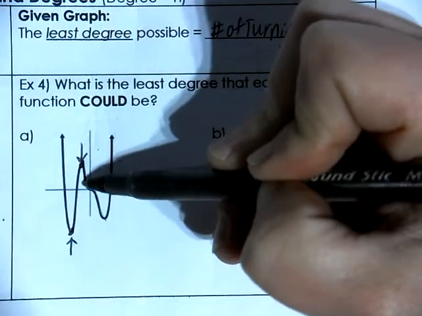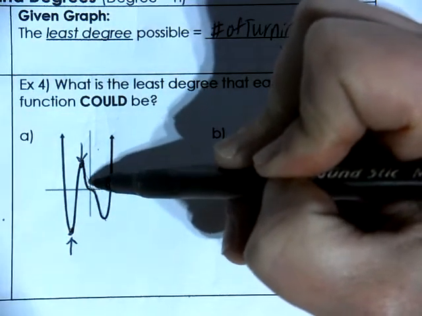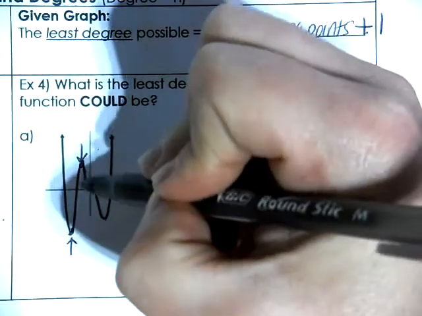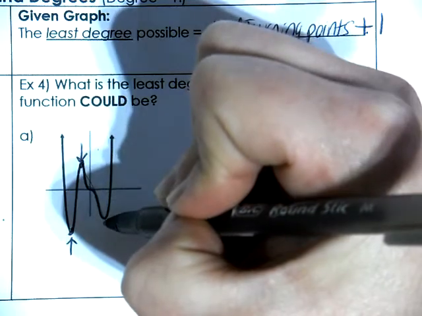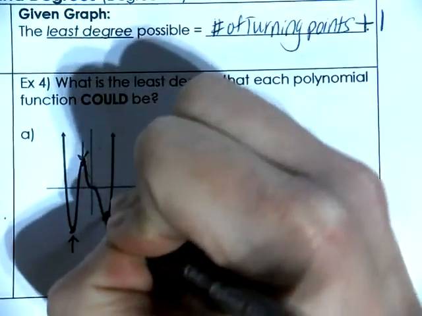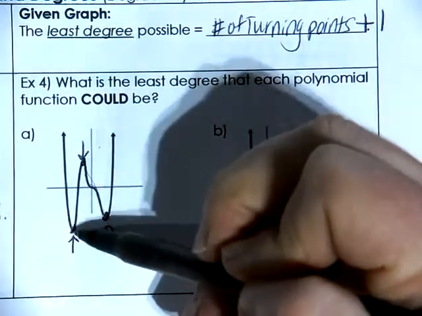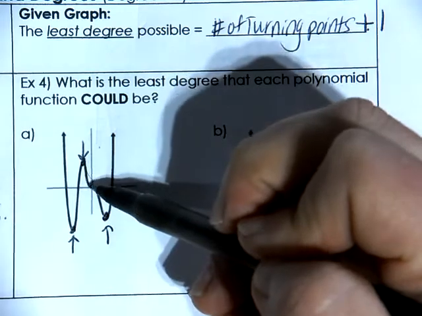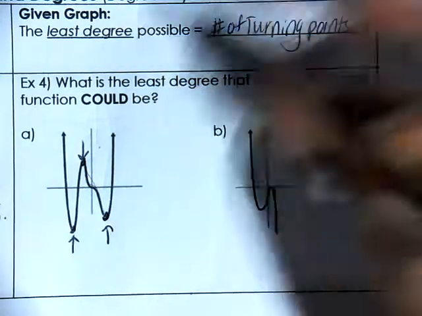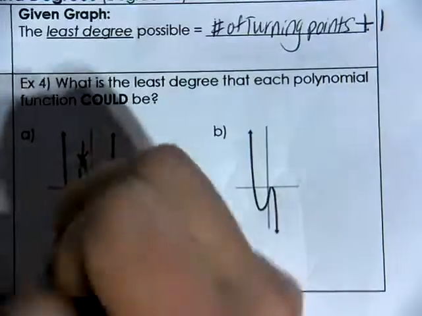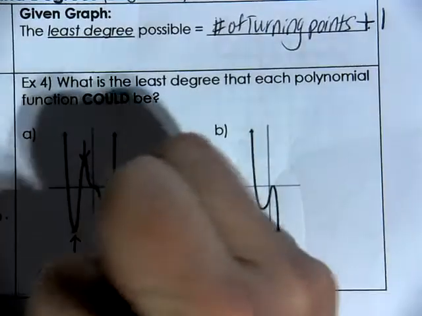So this point is just a point of inflection that you're going to study more once you get into pre-calc and calculus. But it's not considered a turning point because the graph is still decreasing. It's not until it reaches this point down here that it is suddenly changing direction. So we go down and up, turning around, up, turning up, changing. So there's 3. So 3 plus 1 is equal to 4.